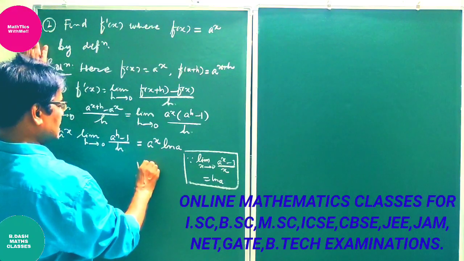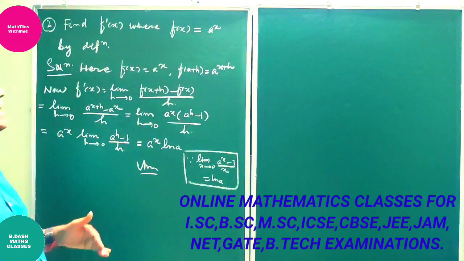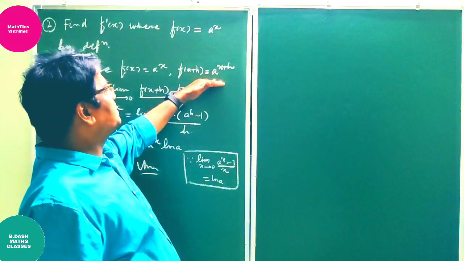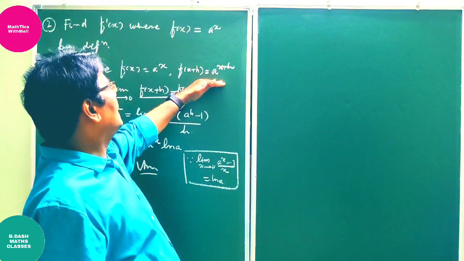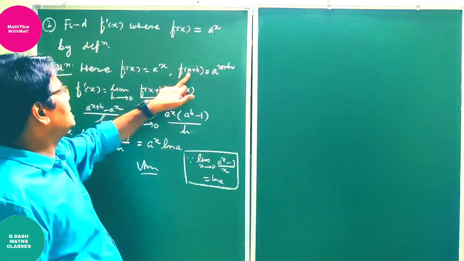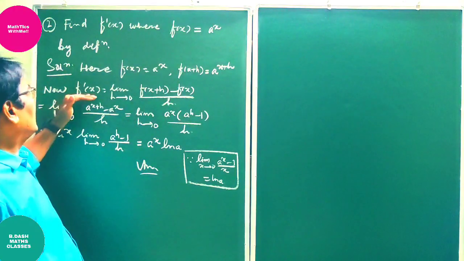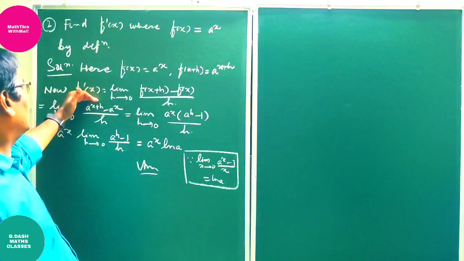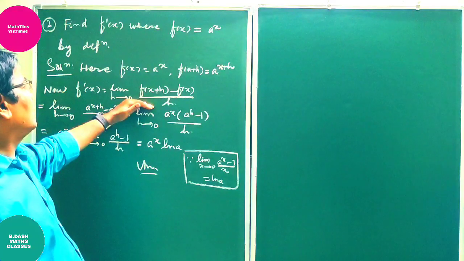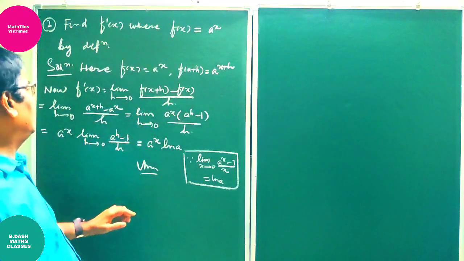So this is the answer. So here f of x is equal to a to the power x, f of x plus h is equal to a to the power x plus h, because here x is replaced by x plus h. Now we have to write the formula for f dash of x, which is equal to limit h tending to 0, f of x plus h minus f of x by h.